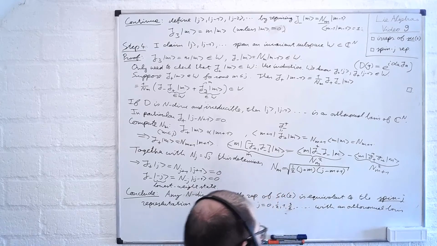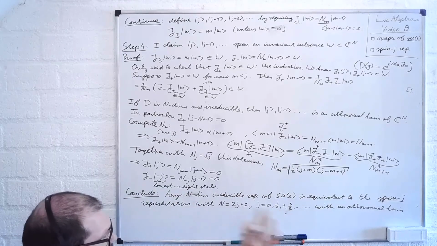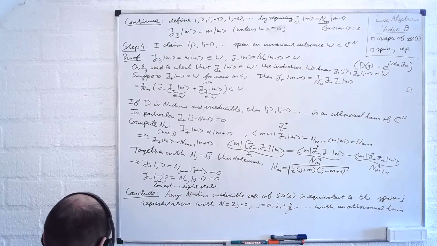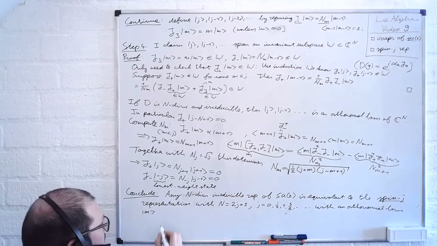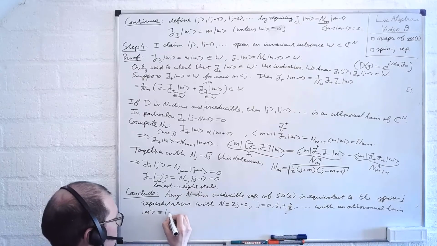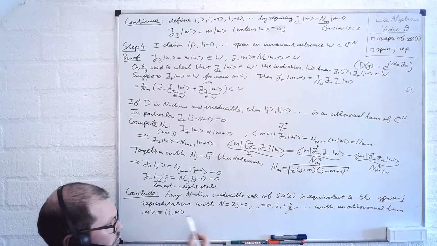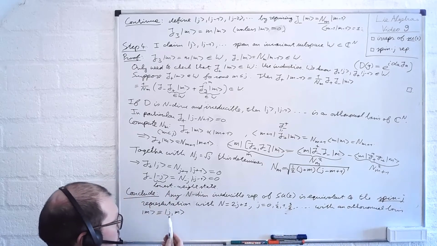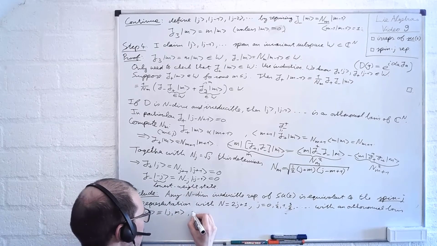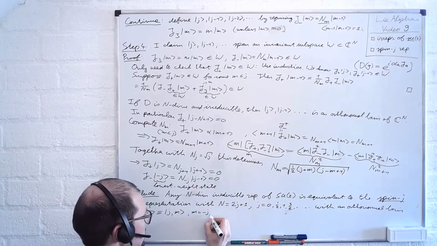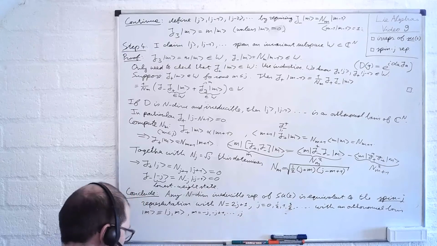No, sorry, the vector space on which it's acting has a basis labeled by n, and sometimes it's actually useful to denote the state by the pair of j, which really labels the representation, so the highest weight, and then the weight m, where m runs from minus j all the way up to j.